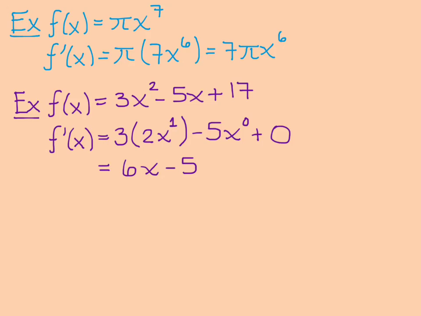The derivative of 3x squared is 3 times the derivative of x squared, which will be 2 times x to the 1. The derivative of minus 5x is minus 5 times x to the 0, or just 1. And the derivative of 17 is 0. So simplifying this, we get 6x minus 5.